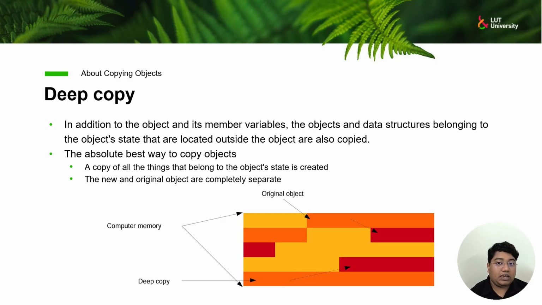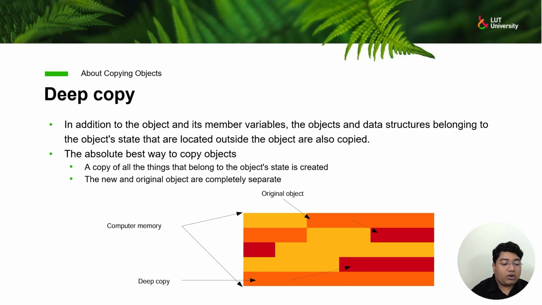Now, deep copying solves that problem. Again, we create a second object. The difference is that we also create a second copy of every resource that belongs to the object. Just look at the diagram. This time, each object points to its own heap allocation.